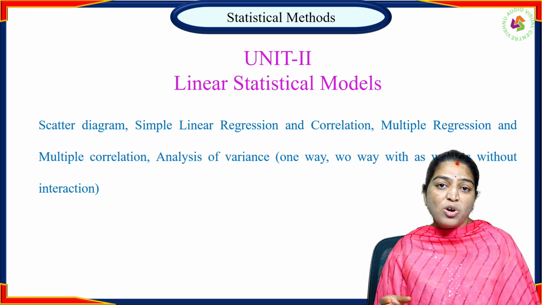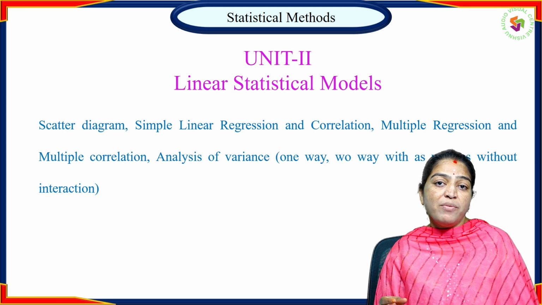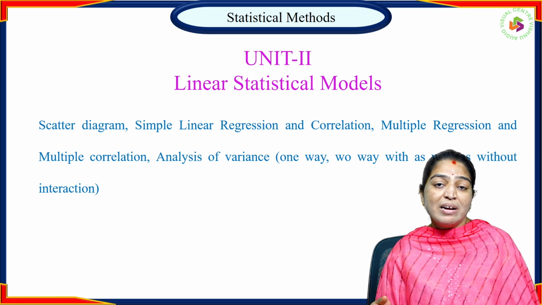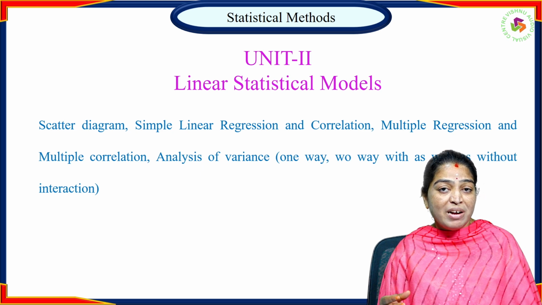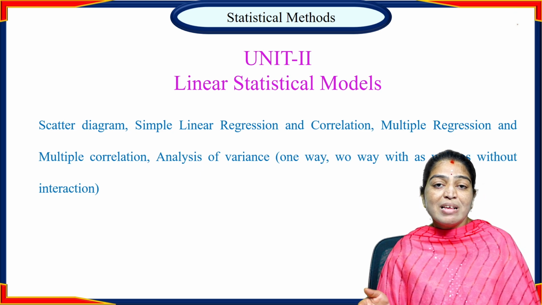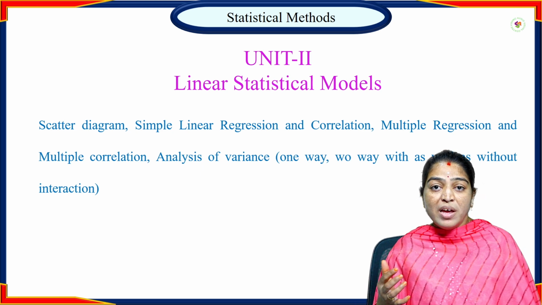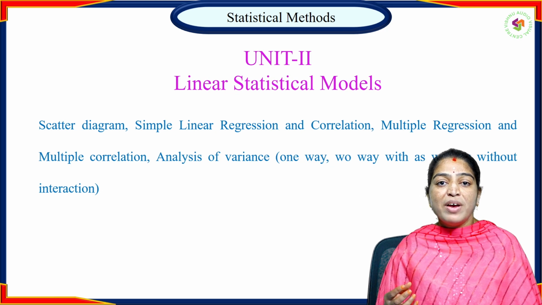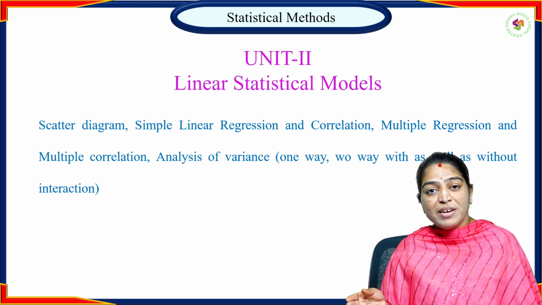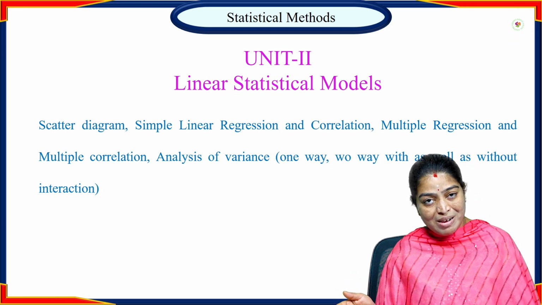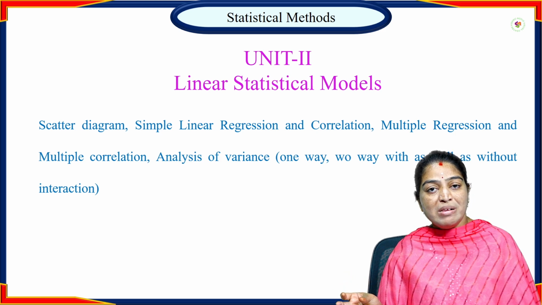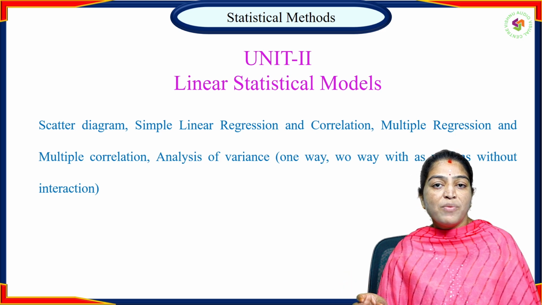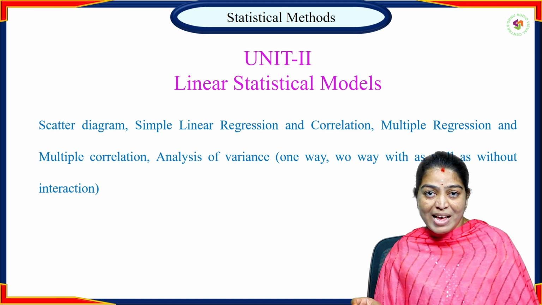If the effect of one variable can be calculated based on the independent variable, and we estimate the dependent variable, that is called one-way ANOVA. If the dependent variable may be affected by two independent variables, the measurement of those two independent variables can be done using ANOVA two-way classification.